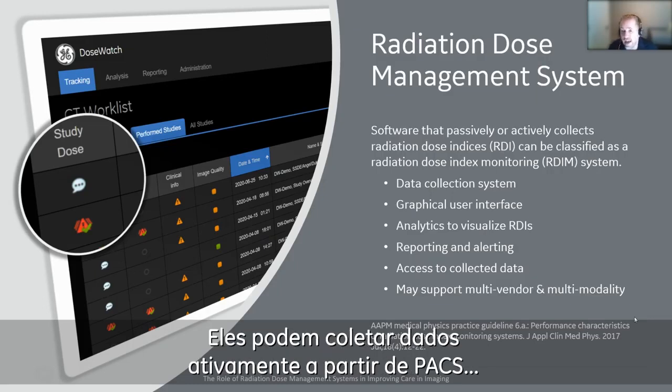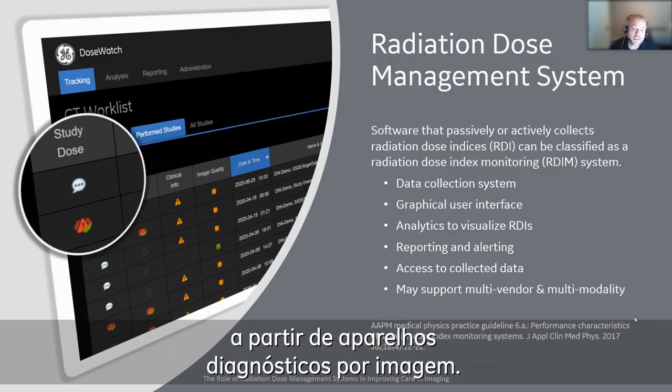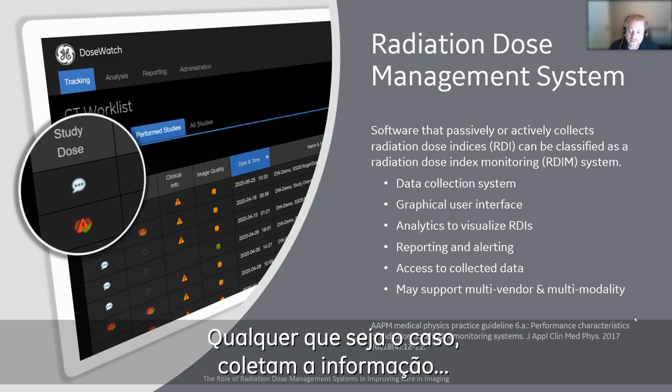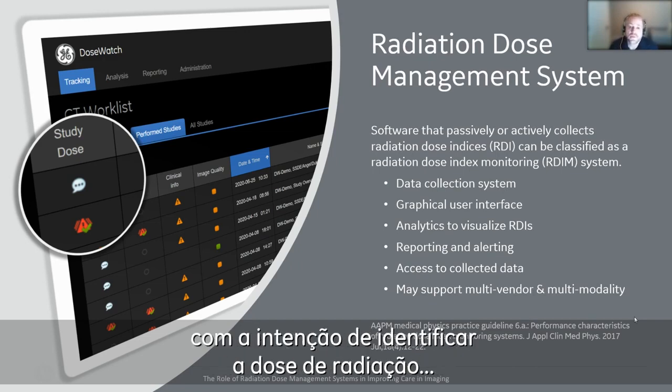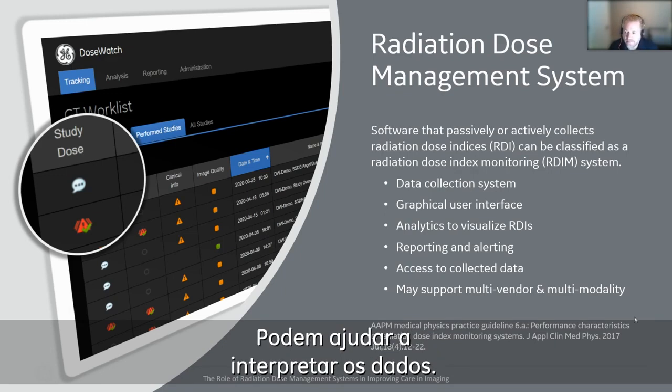They may actively collect data from PACS, or they may receive data passively from imaging devices. Whatever the case, they're collecting this information with the intent to identify the radiation dose indices associated with studies and acquisition information that can help you interpret the data.